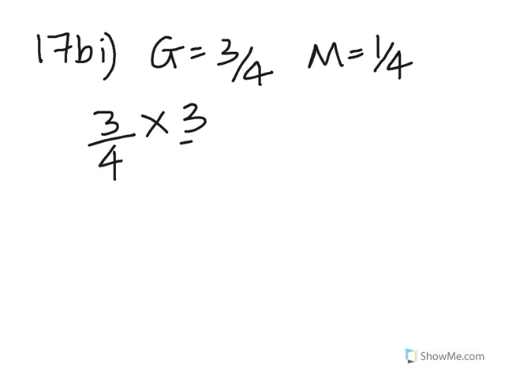So it becomes 3 over 4 times 3 over 4, which becomes 9 over 16 as the probability. When you're talking about the probability of 2 different instances occurring, like the first and the second shot, you have to multiply the probabilities together.